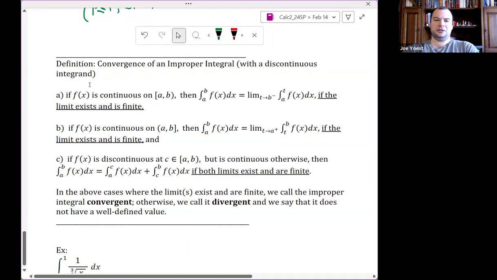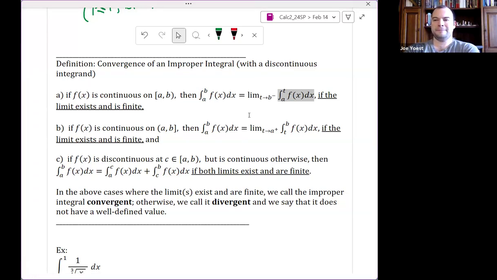So our definition is going to look pretty similar. If I'm interested in the integral from a to b of f of x dx, and f is continuous on closed a to open b, with that kind of discontinuity at b, so the problem point here is at b. Before, the problem point was where the infinity was, but here the problem point is at b.